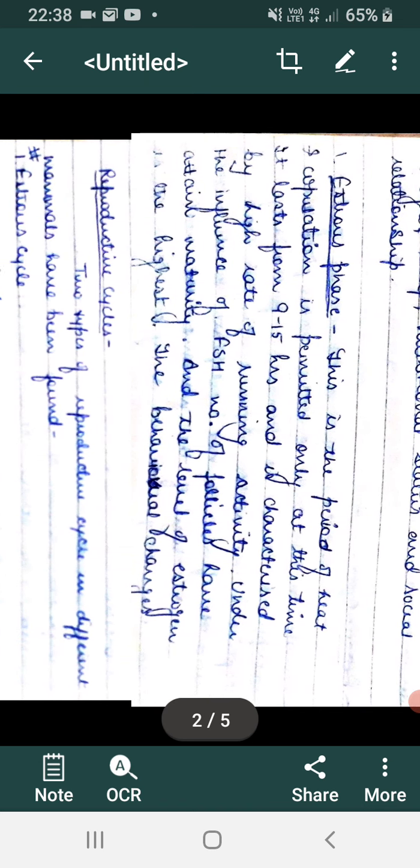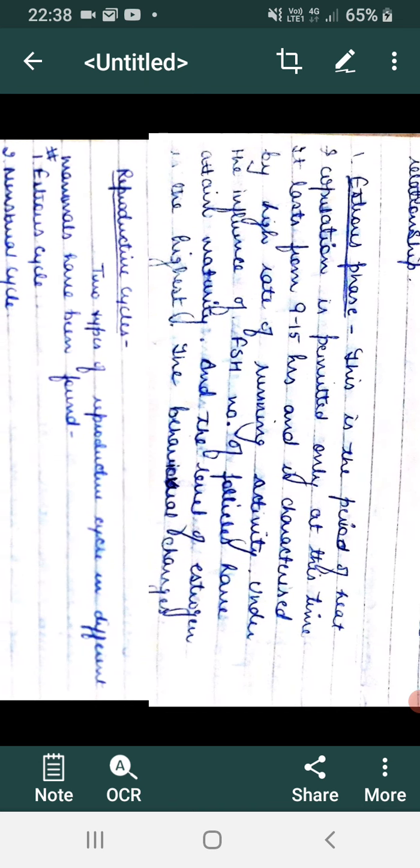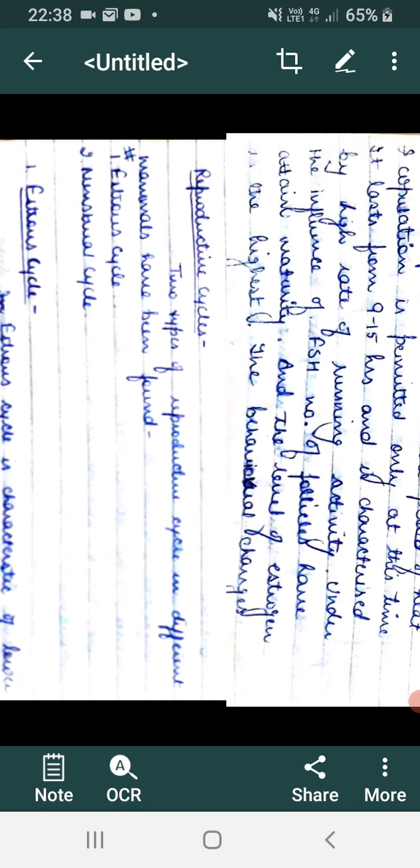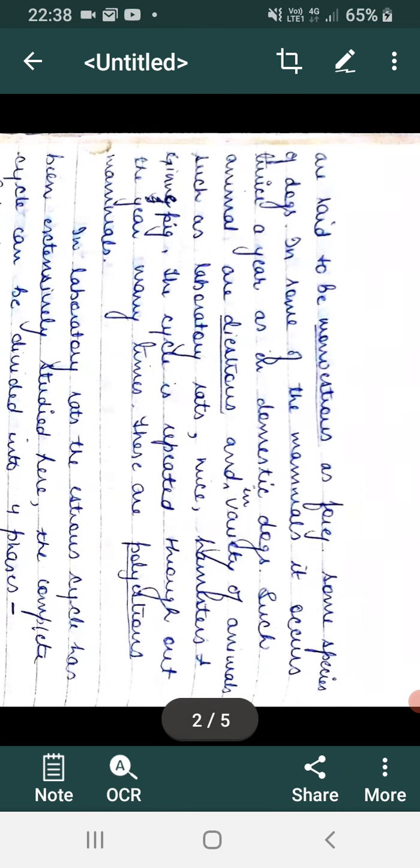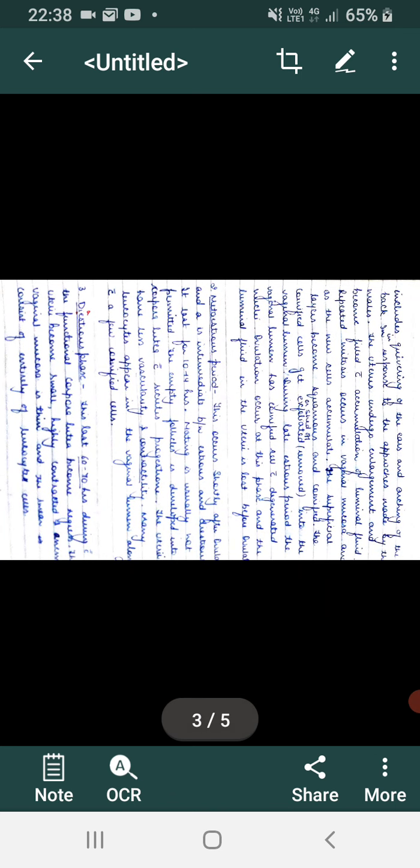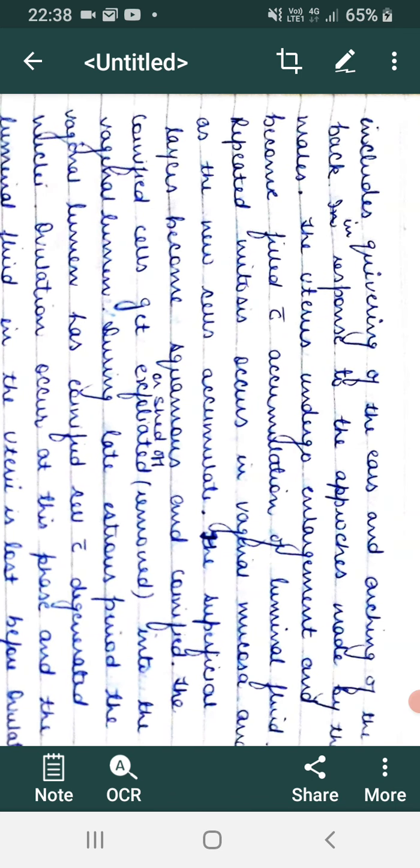So behavior wise, the female is very active and receptive to the male. The female shows its arch back when the male approaches.